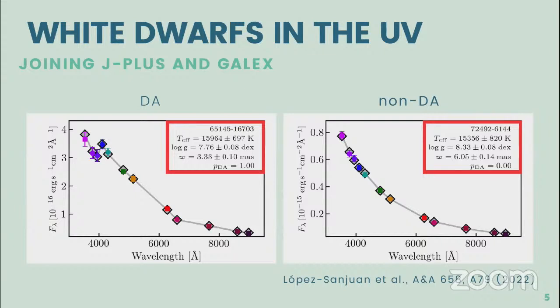Here it reads PDA, but I will be using pH as the same. So basically we extracted the probability of a star being a DA or non-DA. And here I put two examples of the spectral energy distribution of two of these objects.